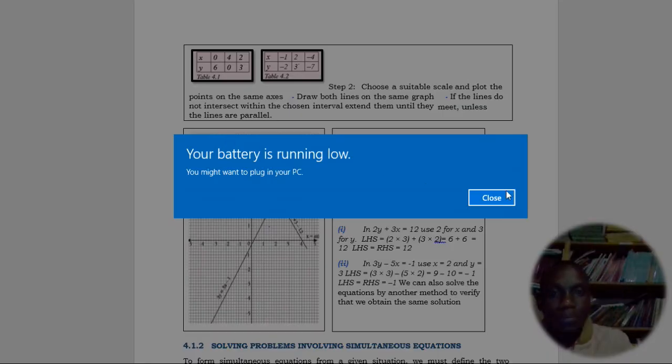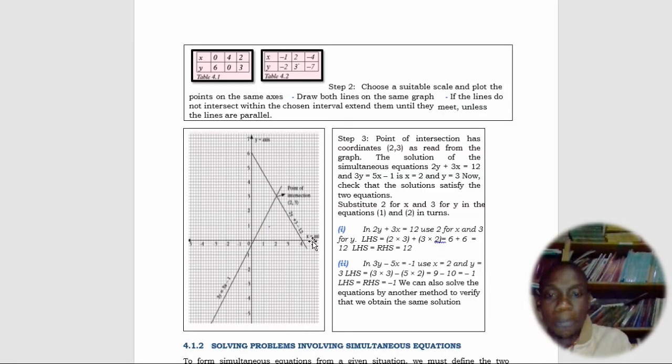You see, if x equals 0, y equal 6. It's a first point. If x equal 4, y equal to 0. And when x equal 2, it means that y equals 3. You see? Then you plot the second question.